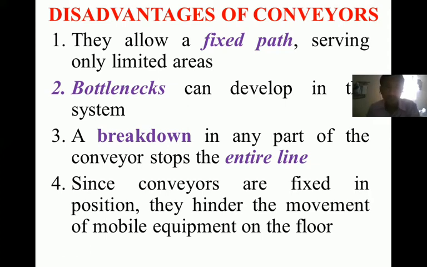Next is breakdown. The third one is that a breakdown in any part of the conveyor stops the entire line. Any small breakdown at any point, in any part, will stop the entire line. This is the main disadvantage of the belt conveyor.